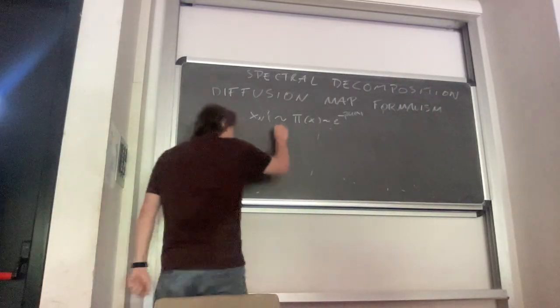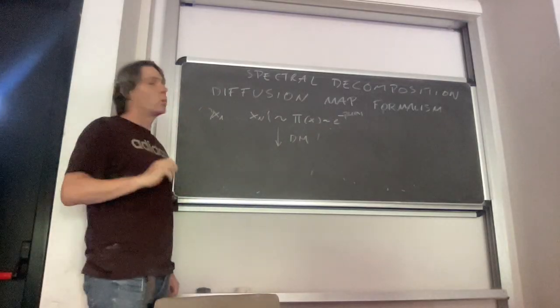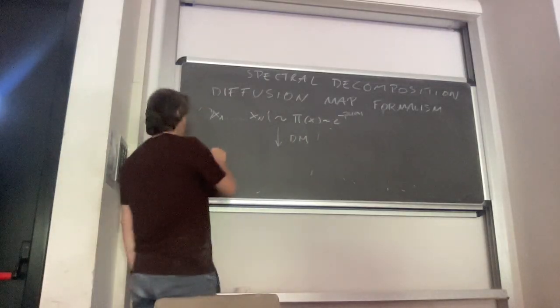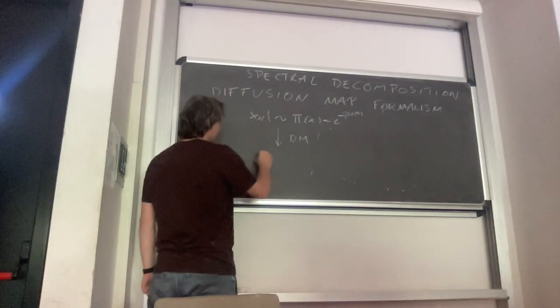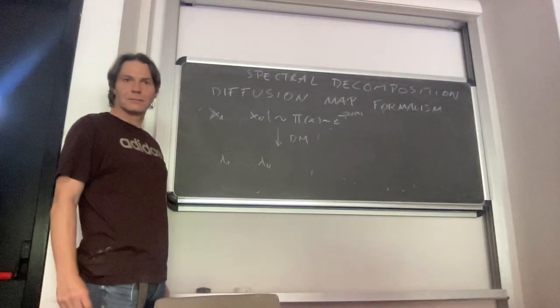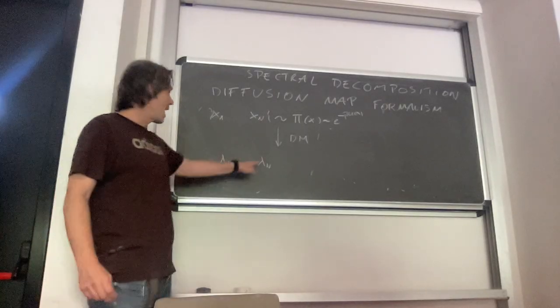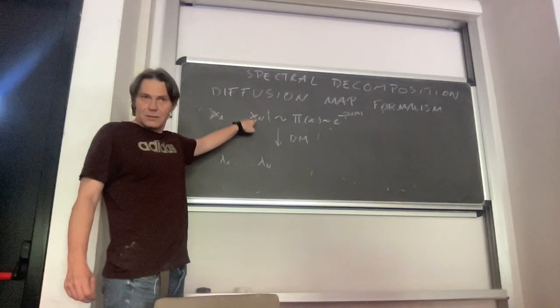Now, the diffusion map formalism, DM, will give me the lowest n eigenvalues, where n is equal to the number of points. Okay?